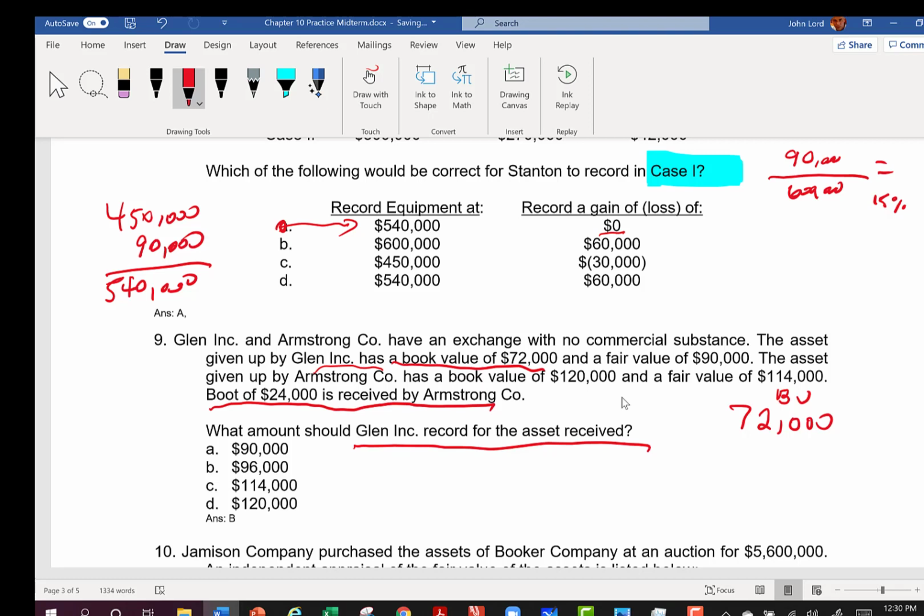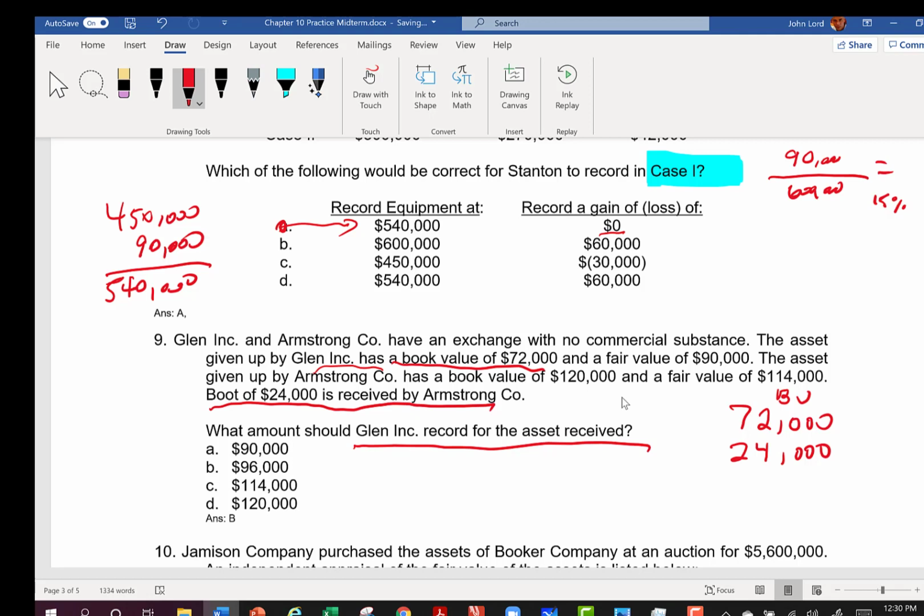The asset given up by Armstrong has a book value of 120 and a fair value of 114. Boot, which is the same as cash, is received by Armstrong. That means Glenn paid that cash. So that's the book value of the cash. If Armstrong received it, then Glenn must have paid it.